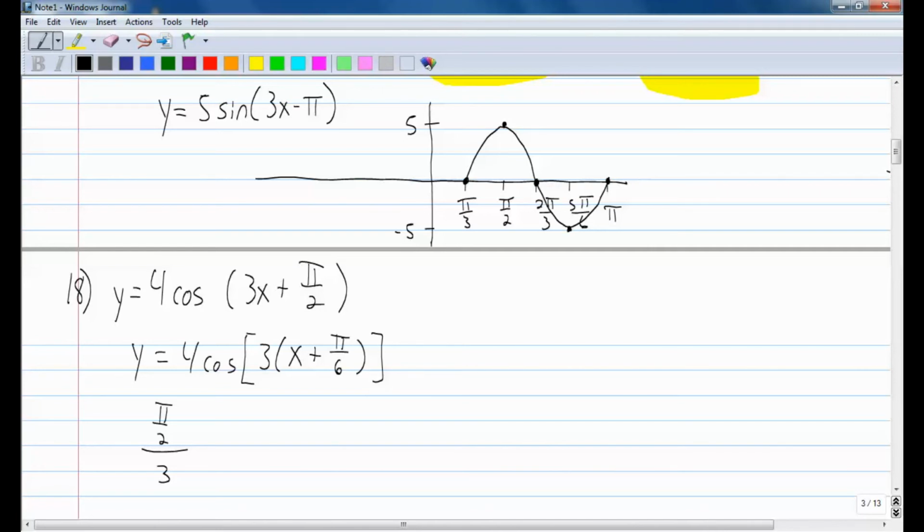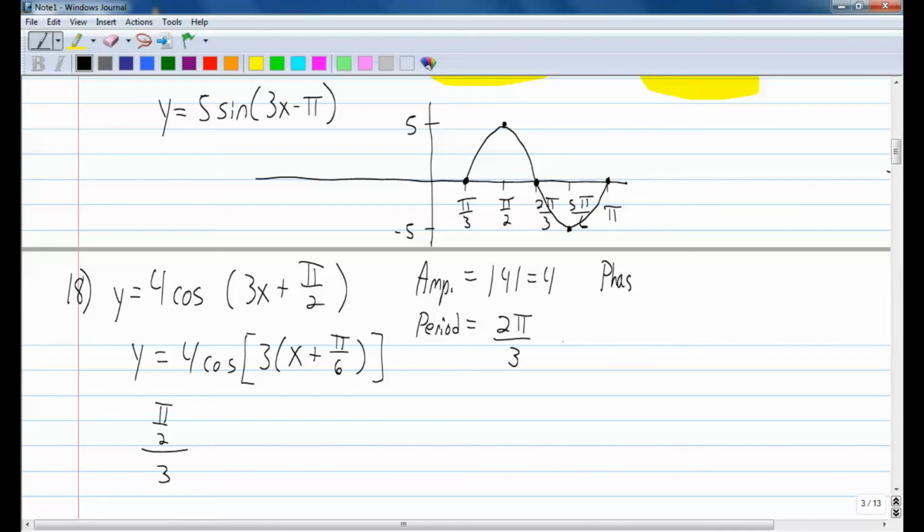Alright. Now, from this equation, it's easier to get all of my information. The amplitude is the absolute value of 4, which is 4. The period is 2 pi divided by omega. Omega is what we factored out. That's going to be the 3.